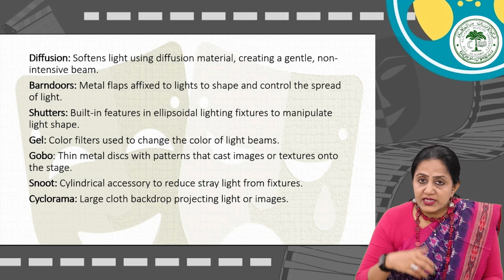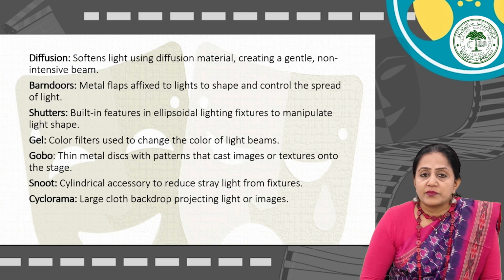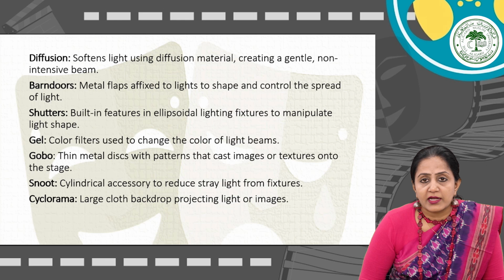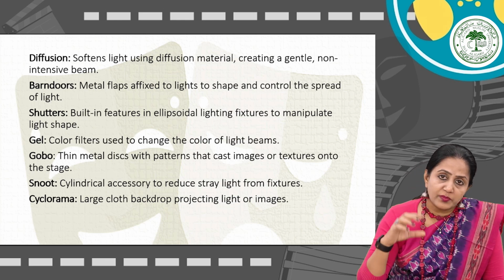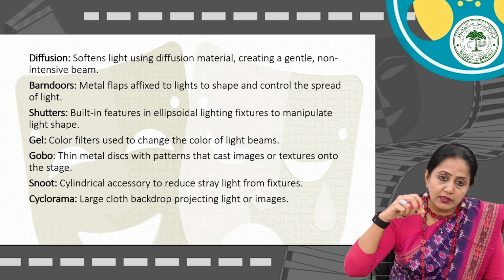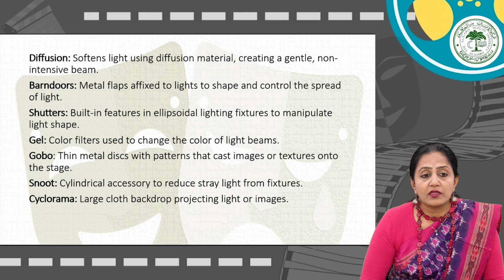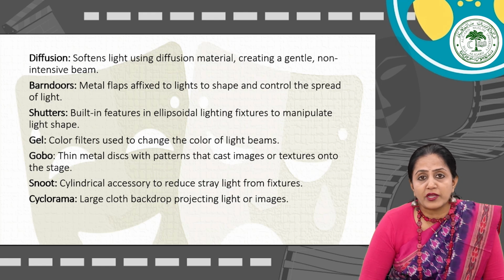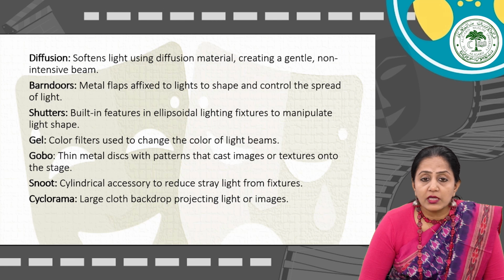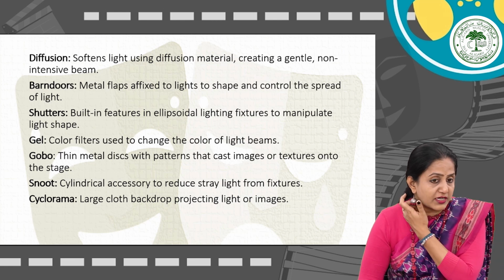Shutters are built-in features in ellipsoidal lighting fixtures, and they manipulate light shape. Shutters are already there in the fixed lights in the auditorium, and these are used to manipulate the shape of light that is going to fall on the different spots that you have chosen.